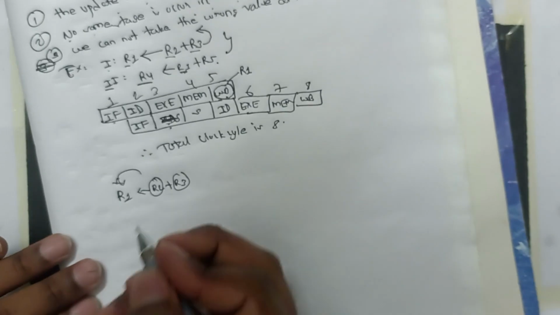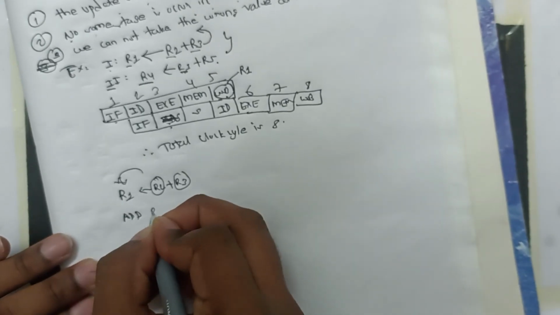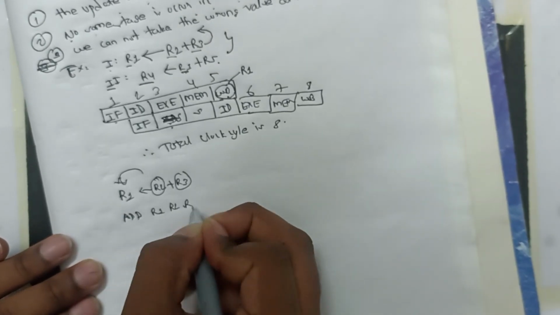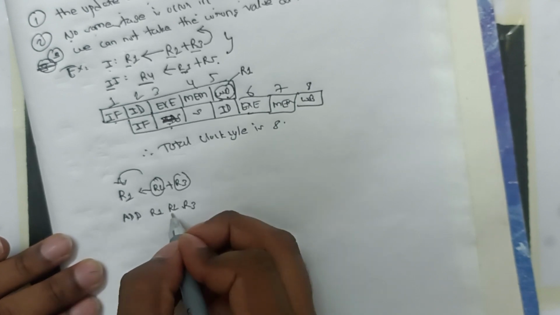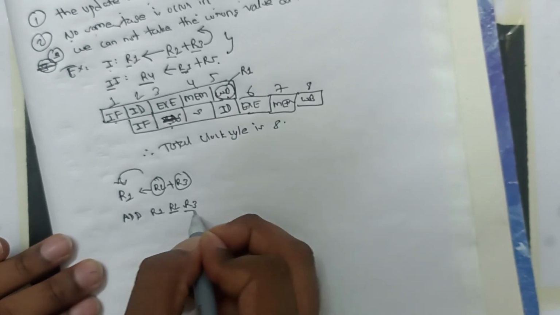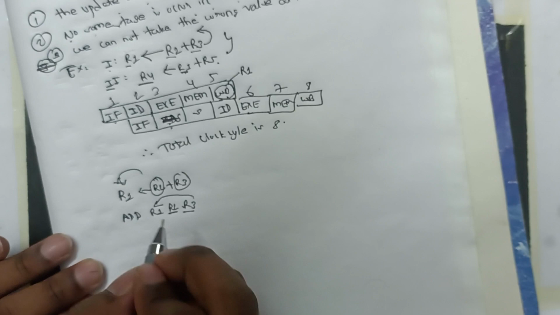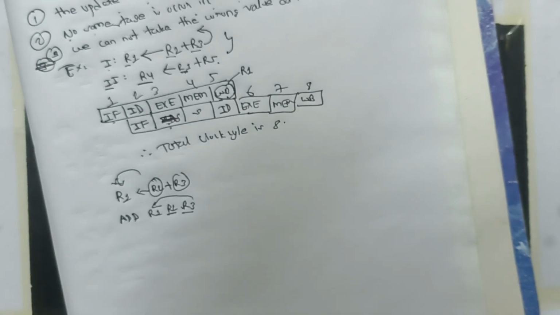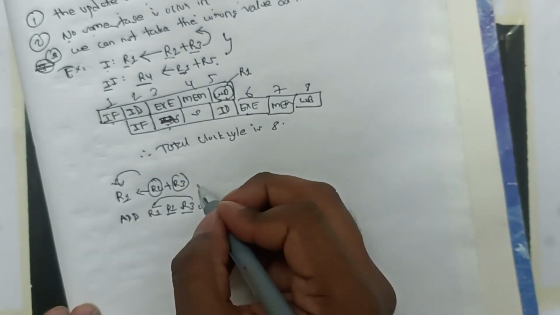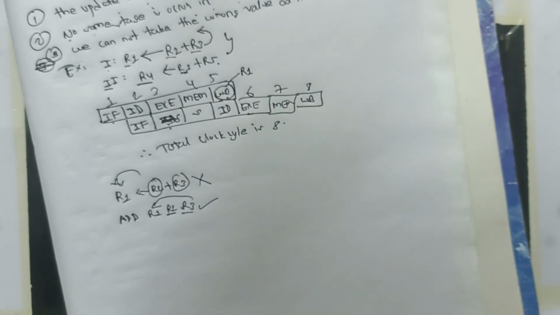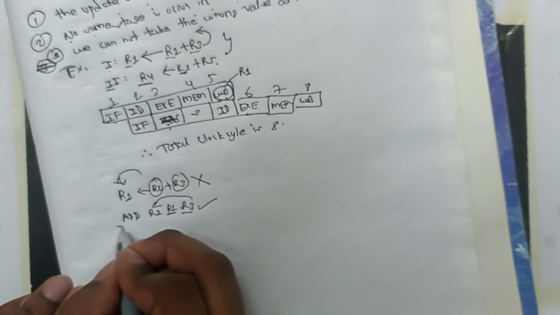And the question may also be given like add R1, R2, R3. It means add R2 and R3 and store in R1. In the exam you will get questions in this form, not in the other form. So in the upcoming videos we are going to solve the questions in this format.